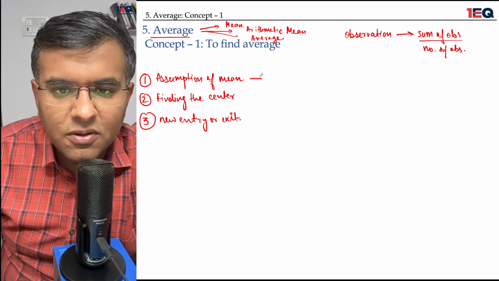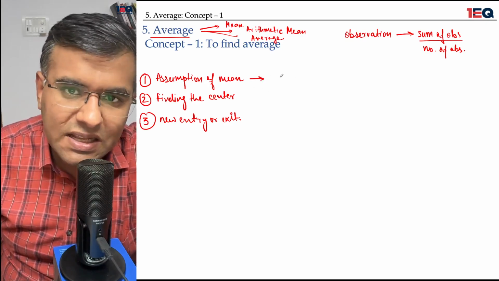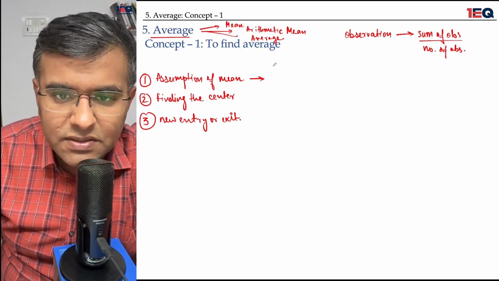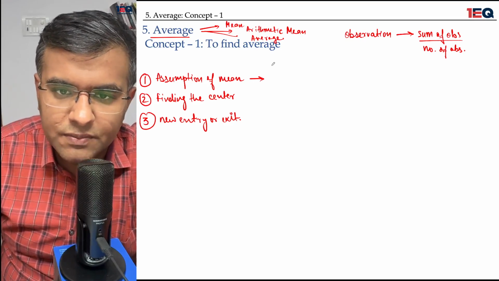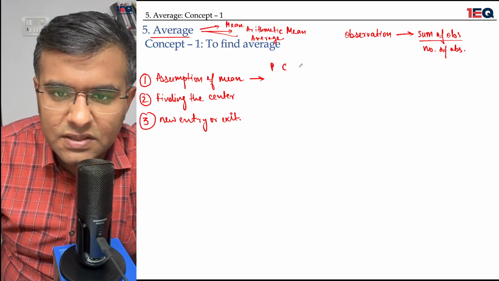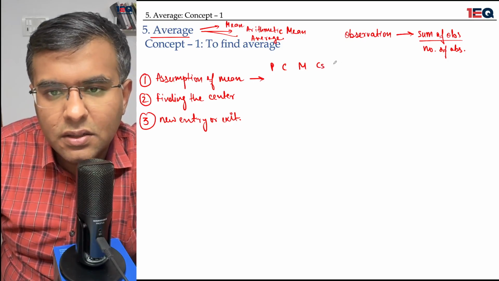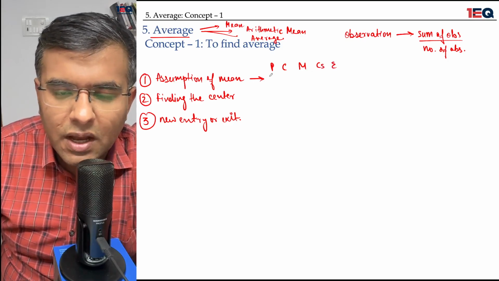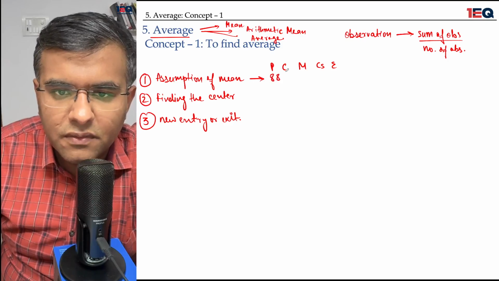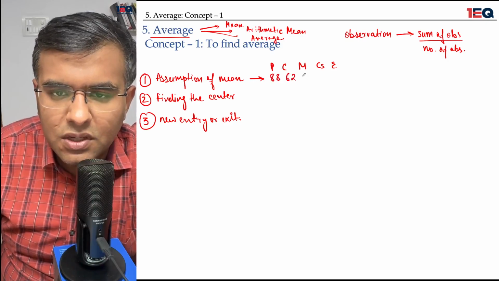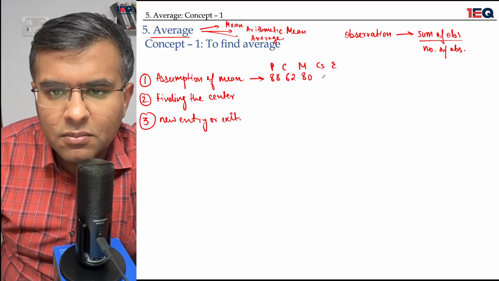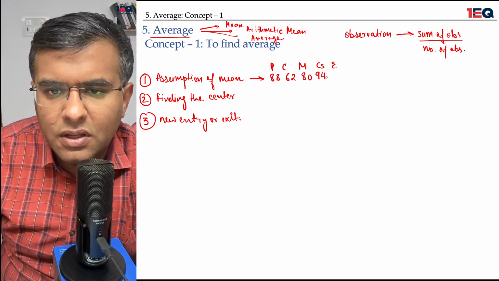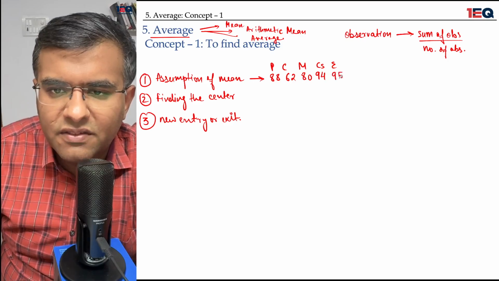In the first concept of assuming the mean, let's assume that these are the marks which I scored in my class 12th boards. I had the subjects physics, chemistry, maths, computer science, and English. I scored 88 in physics, 62 in chemistry, 80 in maths, 94 in computer science, and 95 in English.